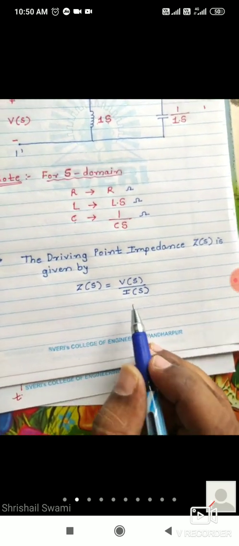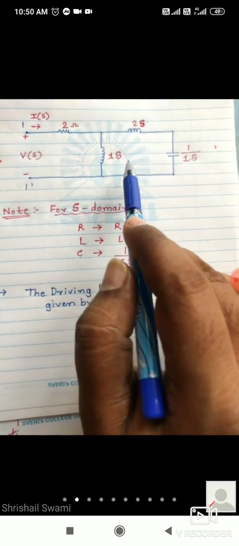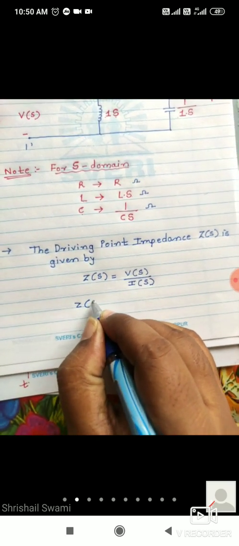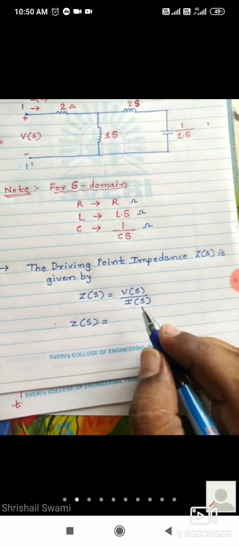Okay, so we can start now. As these are all given in the S domain already, you can now calculate. So Z of S is equal to, first of all, these two are connected in parallel.